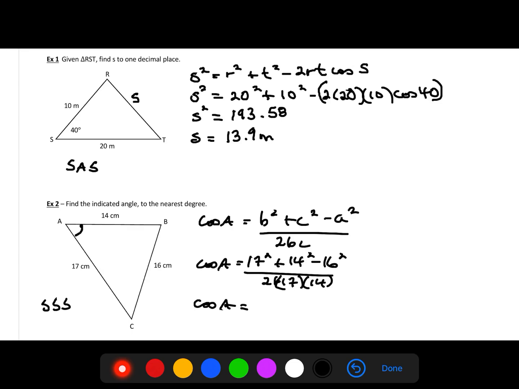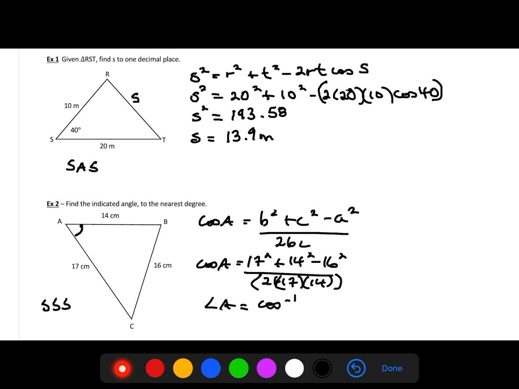Now, putting this all into the calculator, we know this is going to be our cosine ratio. So when we do this, 17 squared plus 14 squared minus 16 squared equals, so we have an answer to the top, divided by bracket 2 times 17 times 14 end bracket equals.